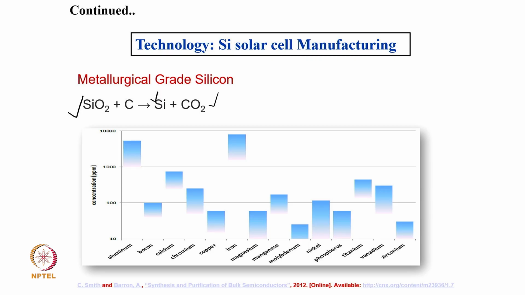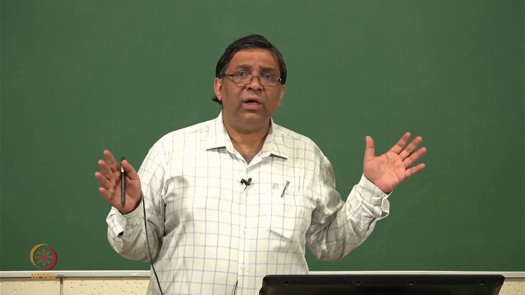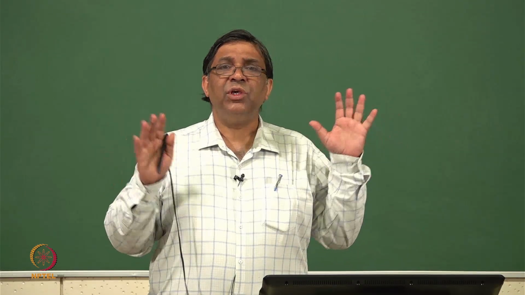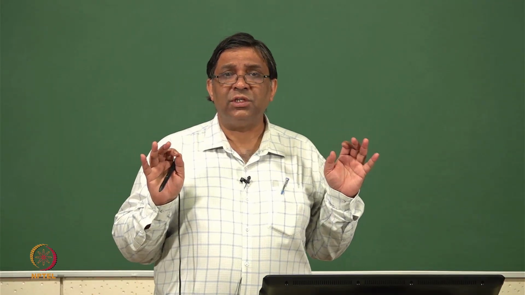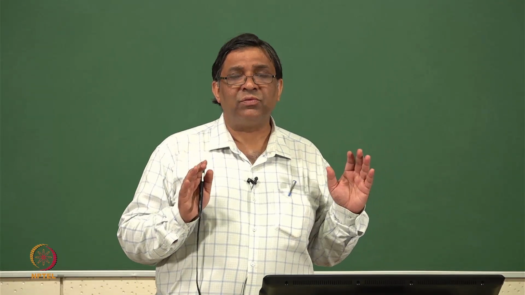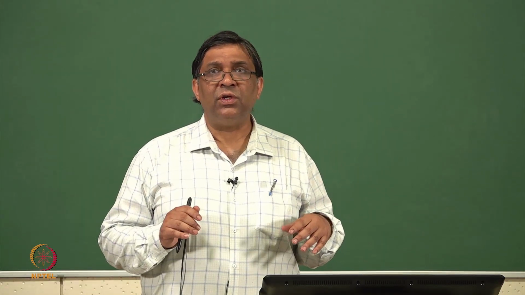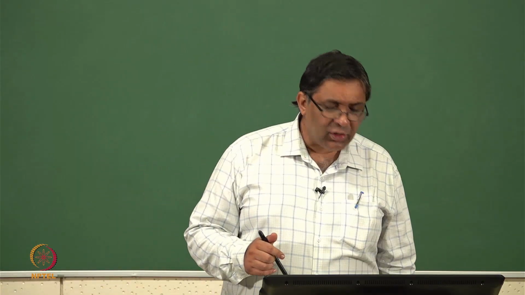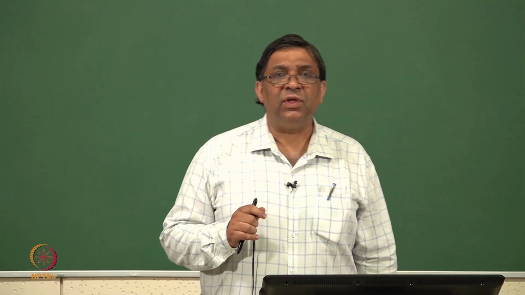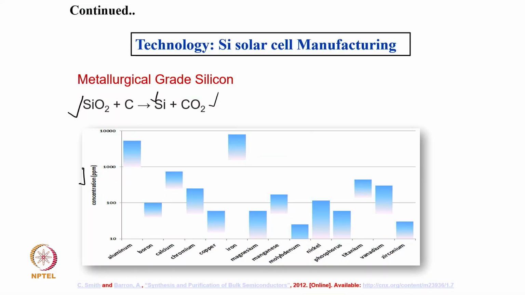So what is metallurgical grade silicon? Metallurgical grade silicon is produced in large quantities every day and is used for many purposes, but not for very sophisticated uses like solar cells. You need a little more refinement of the silicon to introduce it in a solar cell. If we look at the different impurities present in metallurgical grade silicon, one can look at their concentration in parts per million.